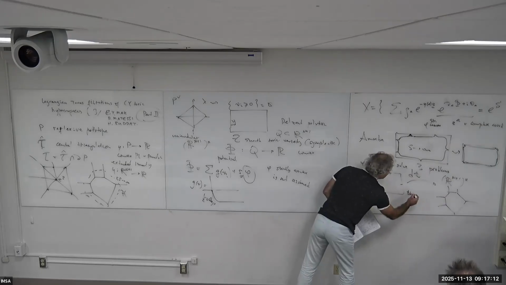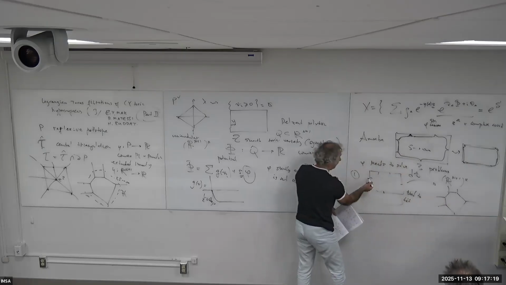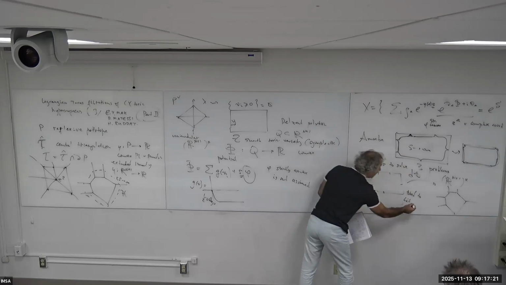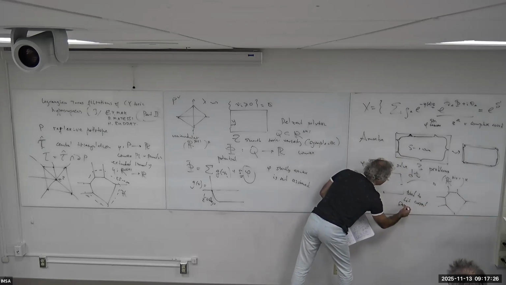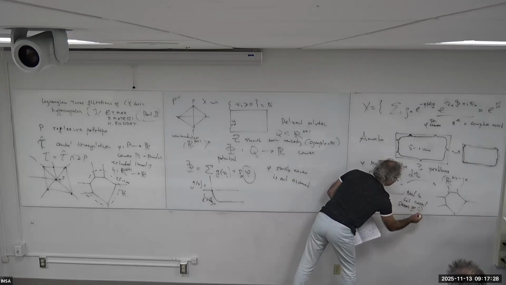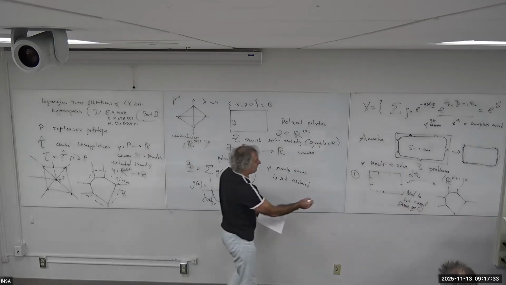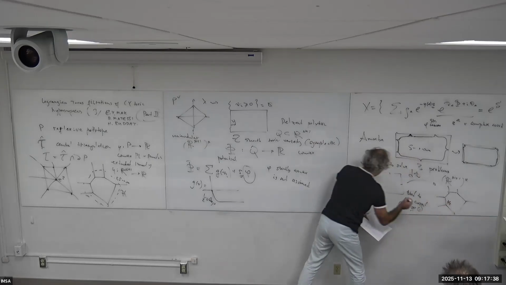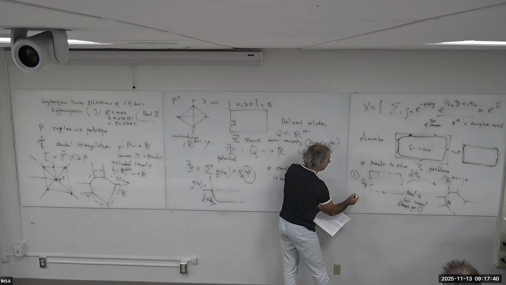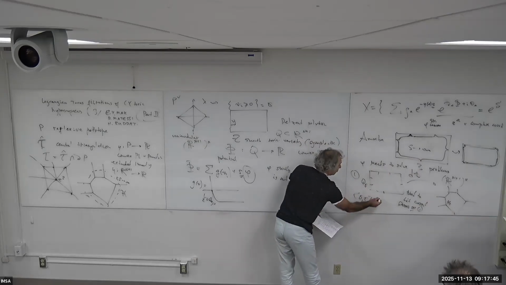The tropical strata have to hit the correct faces of Q. I won't explain in detail, but essentially, if this is a face which corresponds to tau, and this face is Q sigma, then the correct condition is that sigma and tau pair to one.